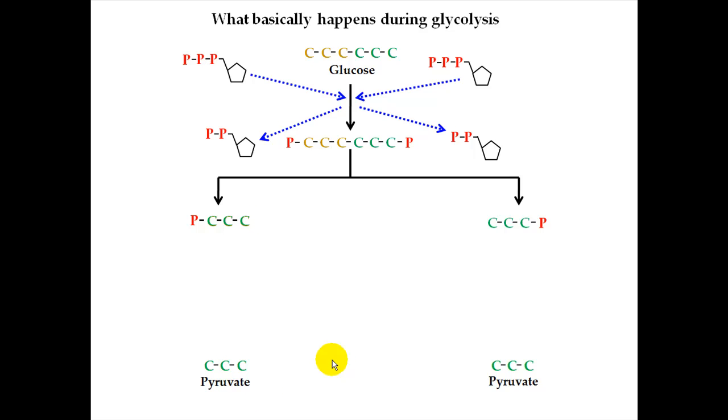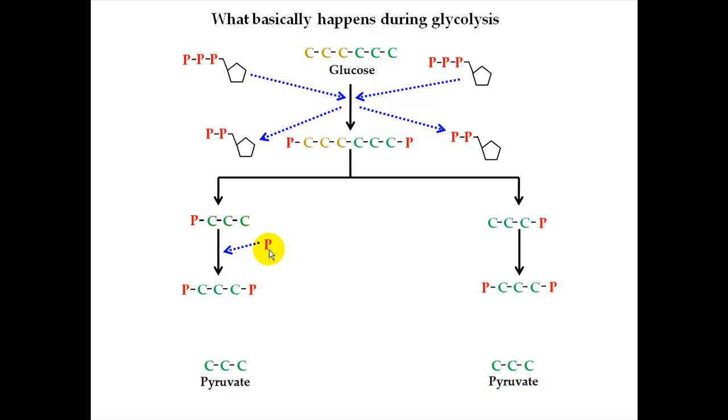And here's what happens during that second phase of glycolysis. The first thing that happens is that another phosphate group is added onto these molecules. So now you have 3-carbon molecules that have 2 phosphates on them. That phosphate group comes from an inorganic phosphate. So an inorganic phosphate comes in, and that's where this second phosphate group comes from.